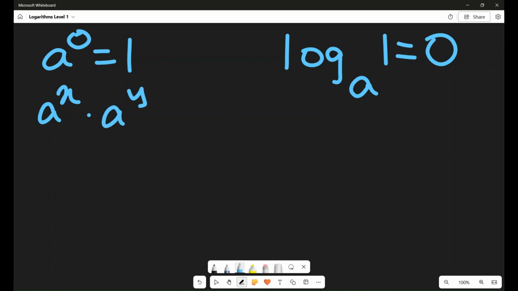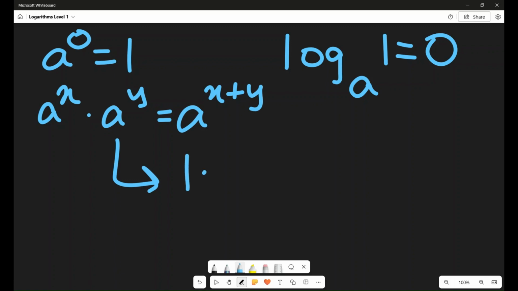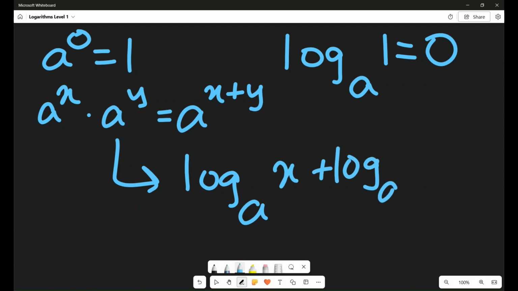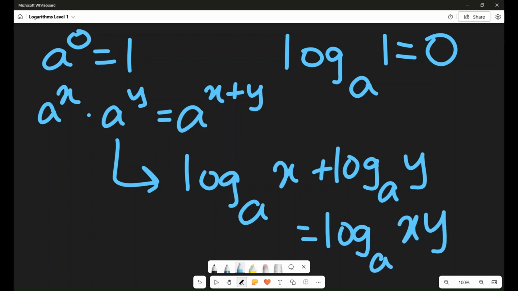Now, another thing we know with exponents is a to the power of x times a to the power of y is equal to a to the power of x plus y. So if we were to write this in terms of logarithms, that would just be log base a of x plus log base a of y is equal to log base a of xy.